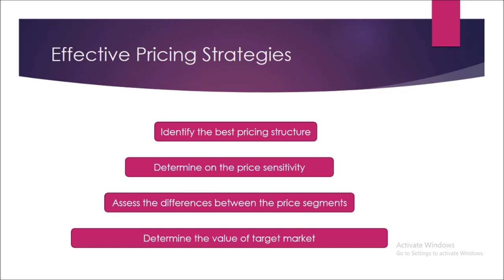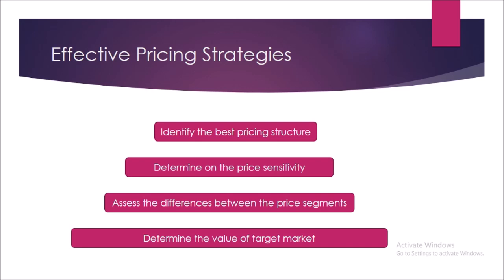And also determine the price sensitivity. How would the consumers react according to changes in the prices? If there are people expecting economy pricing and you give premium pricing, they won't buy your product, because they don't have that sort of money.